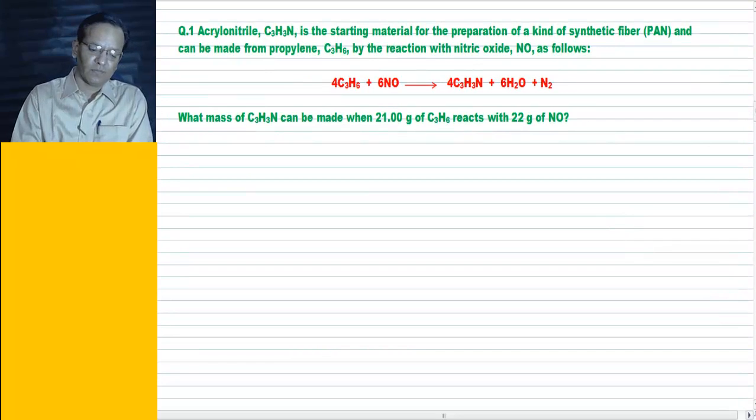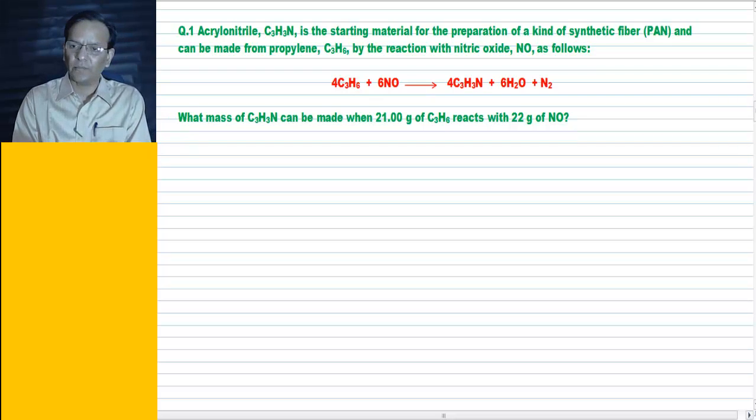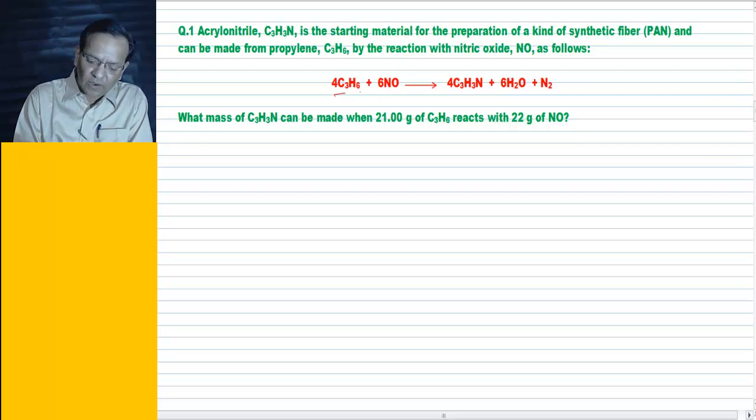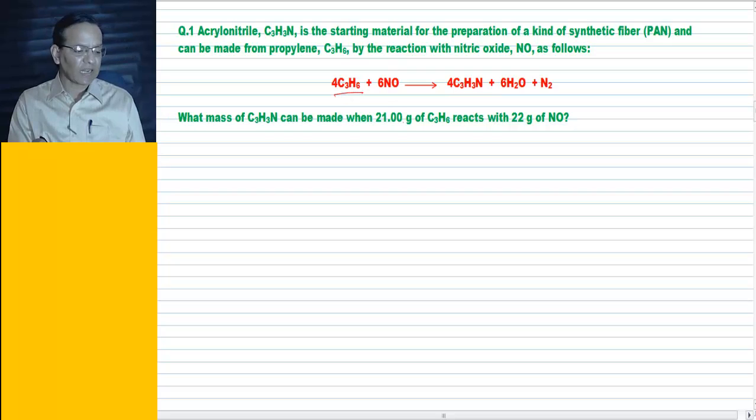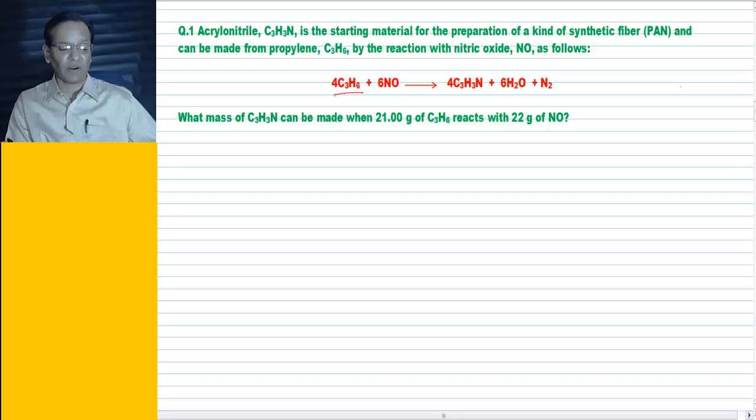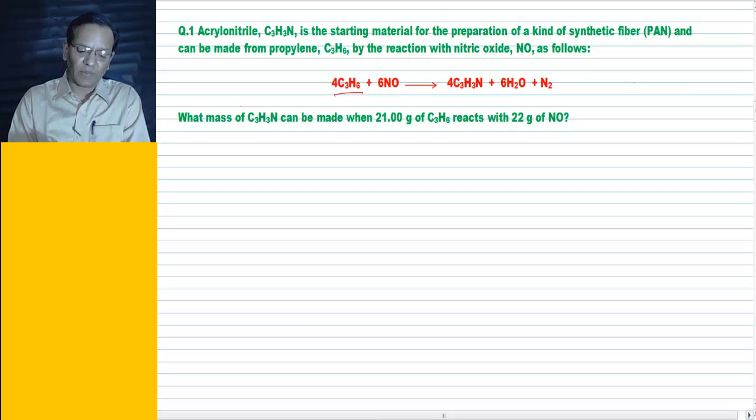Here is a problem. Acrylonitrile is the starting material for the preparation of a kind of synthetic fiber, PAN. PAN stands for polyacrylonitrile, which is a polymer of acrylonitrile and can be made from propylene by the reaction with nitric oxide.